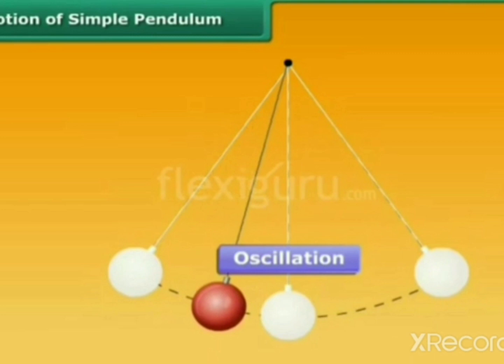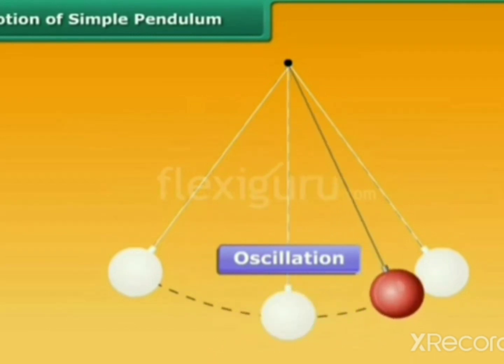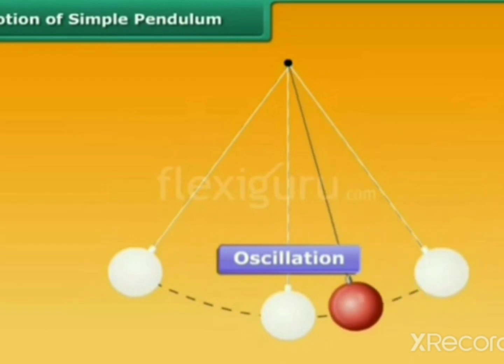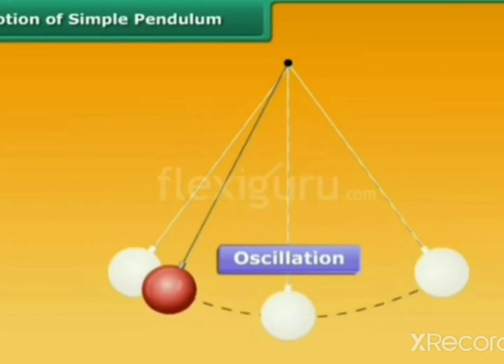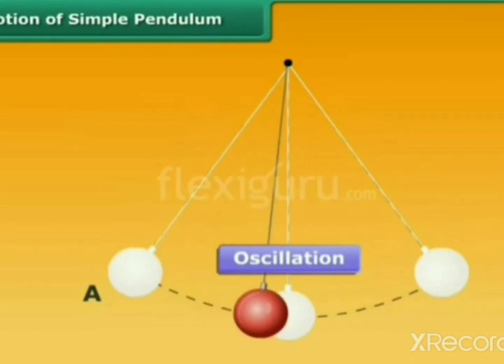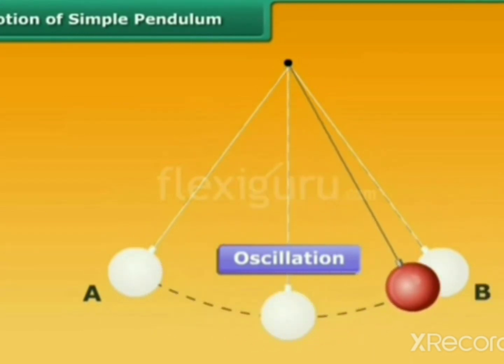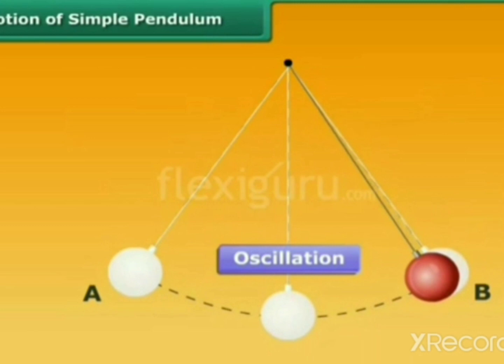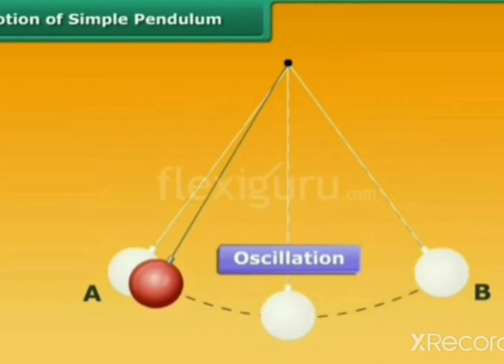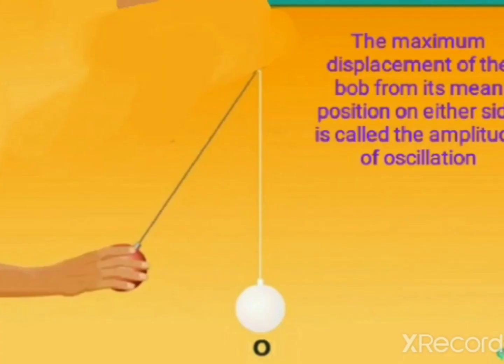Frequency is the number of oscillations made in 1 second and the unit is hertz. Time period and frequency are related to each other. Frequency is equal to 1 by time period, or time period is 1 by frequency.